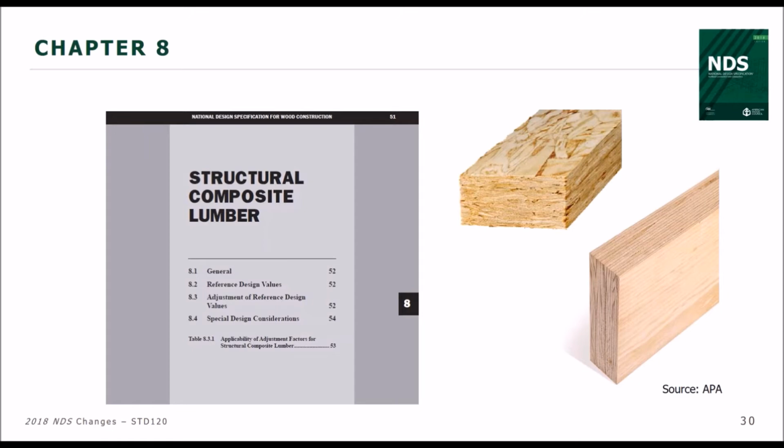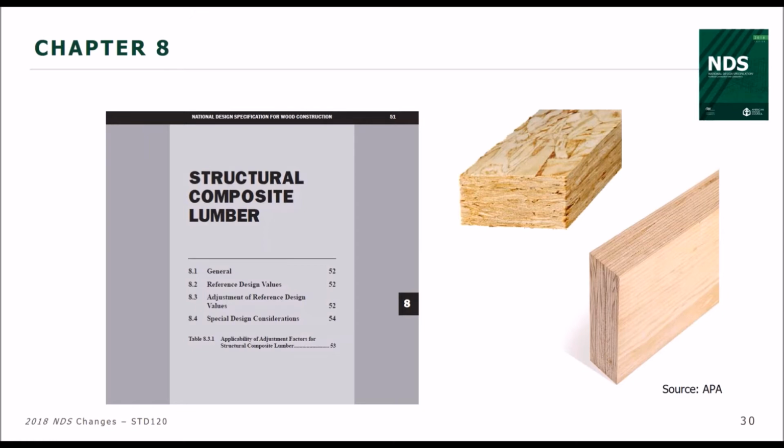So the term sawn lumber was added to clarify, and it's in reference to ASTM D5456, which uses this as a benchmark for structural composite lumber. And it also uses it for I-joists as well, the benchmark for the moisture content.